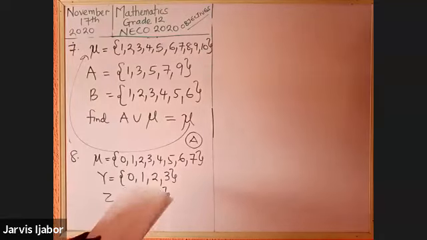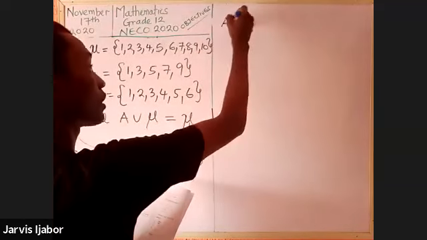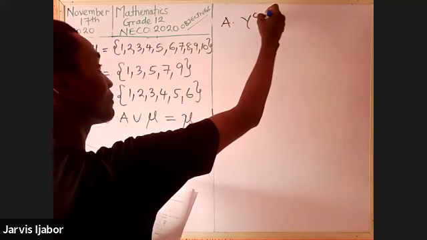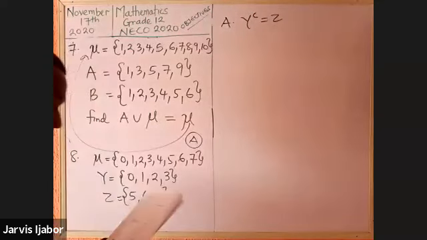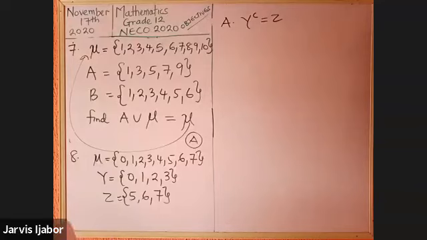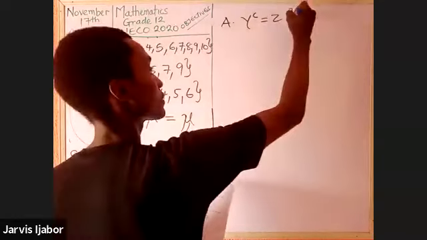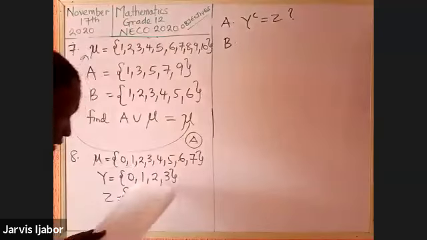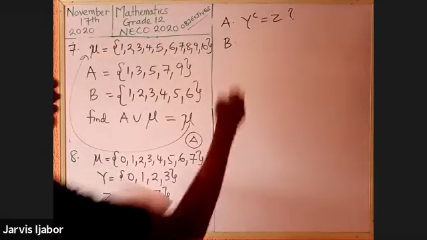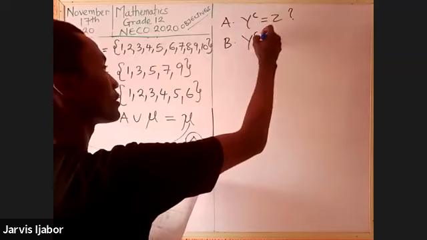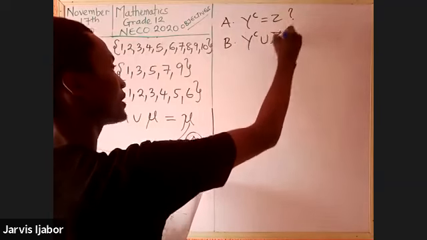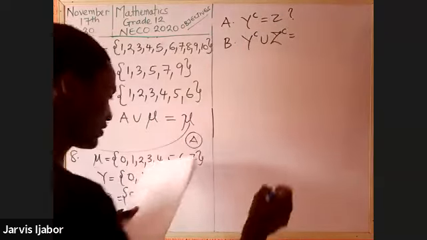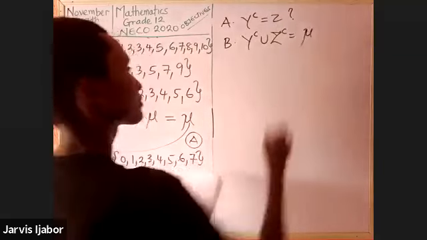Okay, now the first one, y prime is equal to z. Is that correct? Y prime, outside of y, is equal to z. Is that correct? Food for thought. B, outside of Y uniting with outside of Z will give us the universal set.